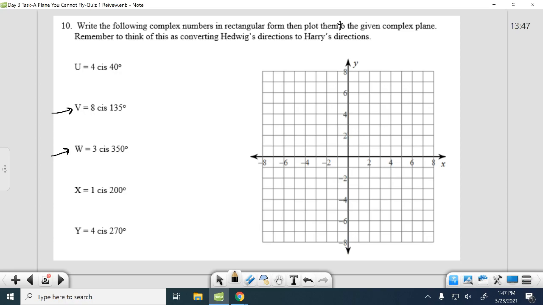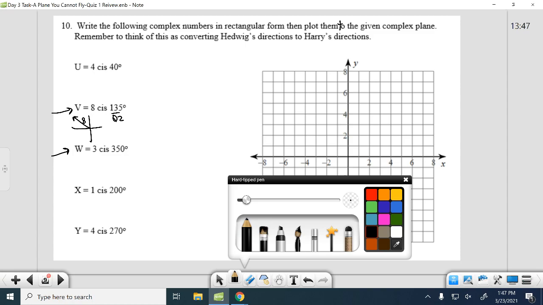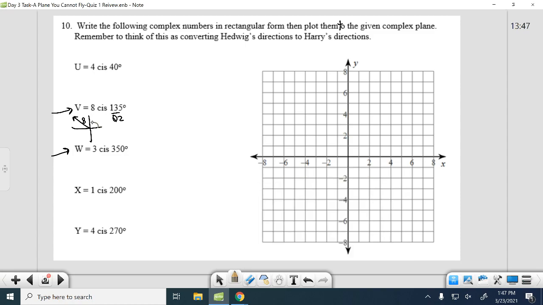So for V, we have 8 cis 135 degrees. 135 degrees is quadrant 2. So if I do a little teeny tiny rough sketch, quadrant 2, my r value, the modulus, is 8, and I have 135 degrees that I have traveled around from the positive x-axis over.